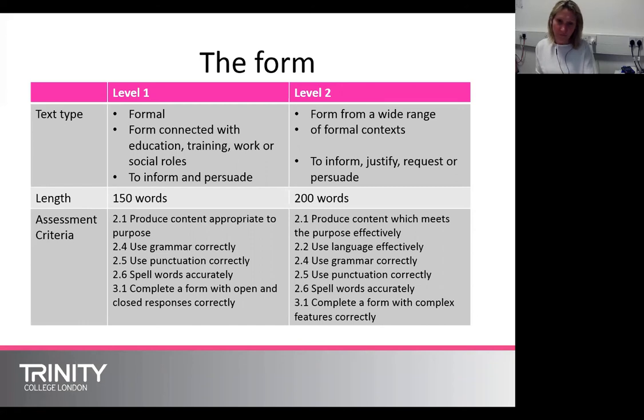2.6 is called spell words accurately. In the amplification, you will see several bullet points, and the first two talk about the knowledge of special interest lexis. So it's not just whether the candidate can spell words.